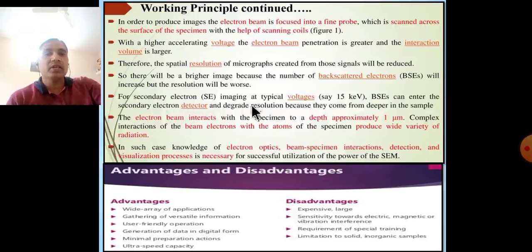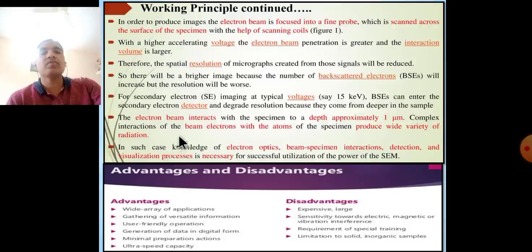For secondary electron images at typical voltages of 15 keV, backscattered electrons can enter the secondary electron detector and degrade resolution because they come from deeper in the sample. The electron beam interacts with the specimen to a depth of approximately 1 micrometer.